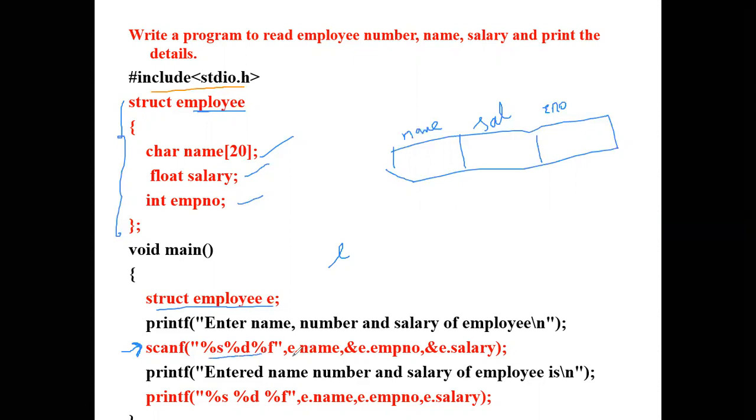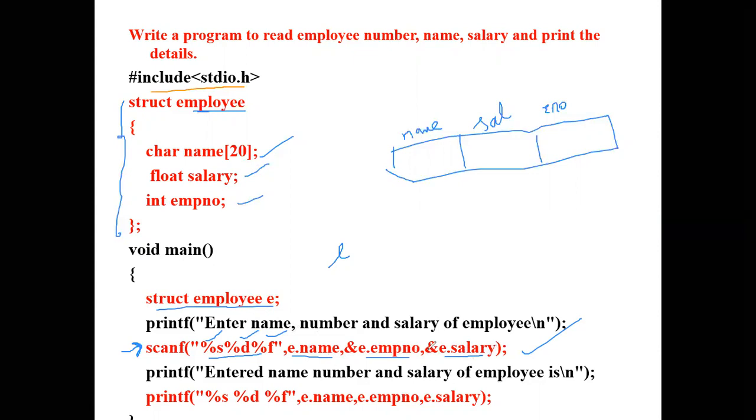So we can write e dot name to take name, e dot employee number, e dot salary. Name is of type string, so percentage s, employee number is of type integer, so percentage d, salary is of type float, so percentage f. Okay, simple. So e dot name, e dot employee number, e dot salary.